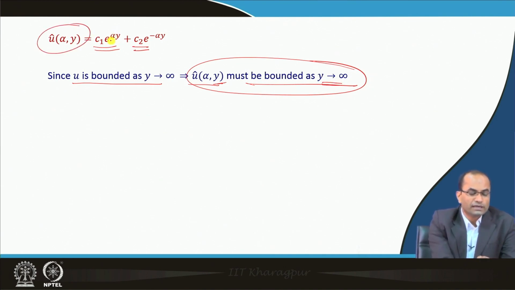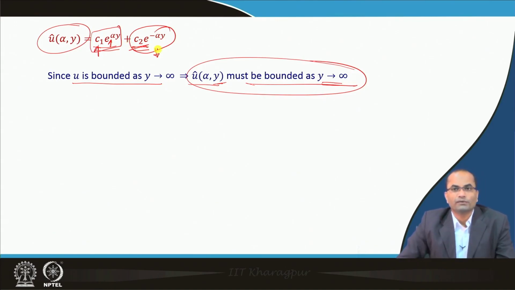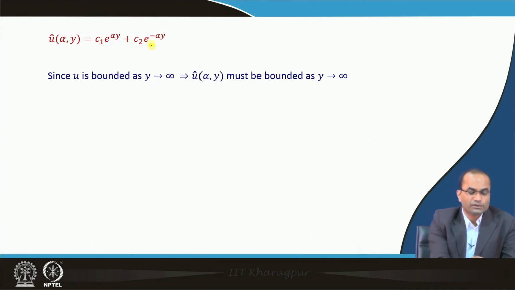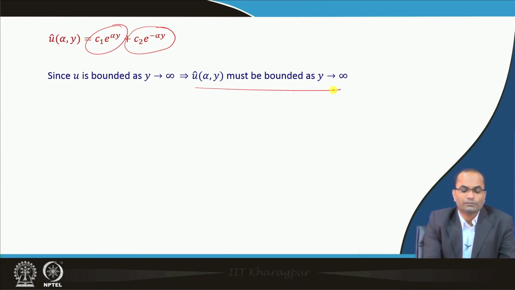If y approaches infinity and alpha is positive, then the e power alpha y term cannot be bounded, so c1 has to be 0. In the other case, if alpha is negative, then the e power minus alpha y term cannot be there in the solution, and c2 has to be 0. So, one of them has to be 0, and only the exponential with negative power will survive. If alpha is positive, this part will survive, and if alpha is negative, the other part will survive; the other one has to disappear, otherwise it cannot be bounded.